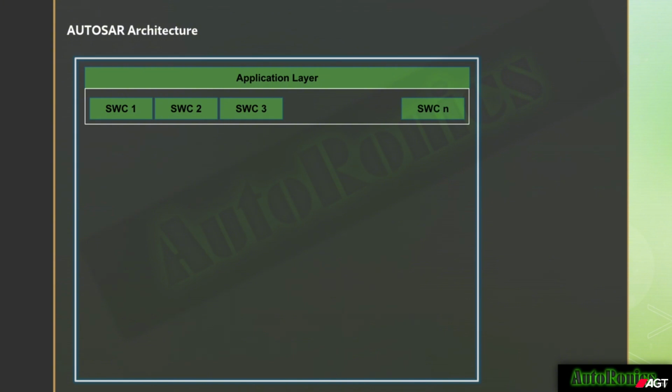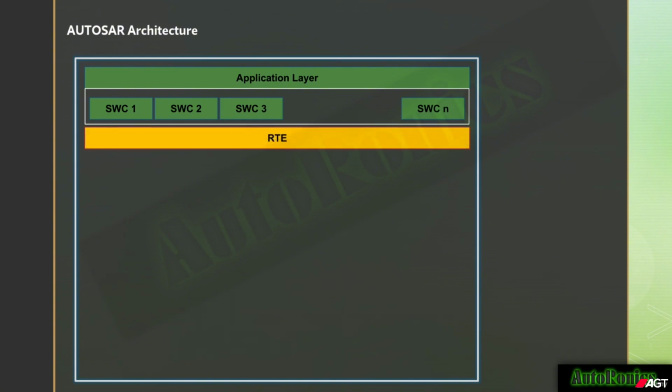Then let's see about the RTE layer, which is nothing but the runtime environment, which provides communication services to the application software. So this RTE provides ECU independent interfaces to the application software components. The software component communicates with other software components, it may be inter or intra ECU, via the RTE.